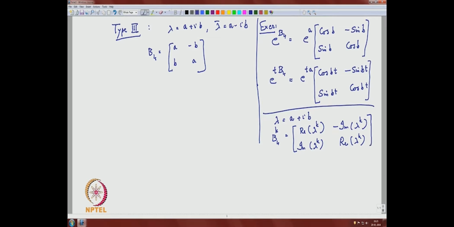That is why you get cos b. If you add B4 power k over factorial, you exactly get cos bt, sin bt, etc. You can do it. You have to work with tB4, so correspondingly there will be t here. So you can do these things exactly.